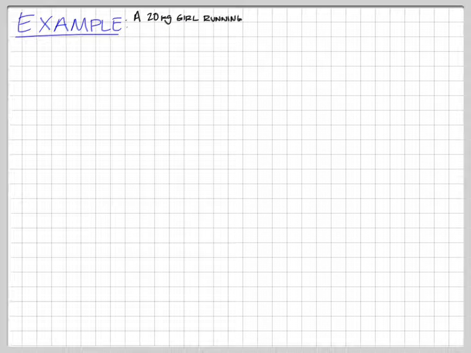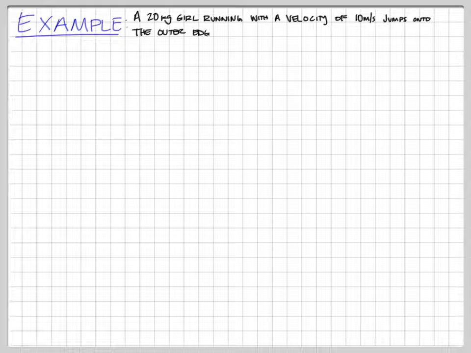So let's look at an example. A 20 kilogram little girl is running with a velocity of 10 meters per second, and she jumps onto the outer edge of a merry-go-round. She makes it spin around.